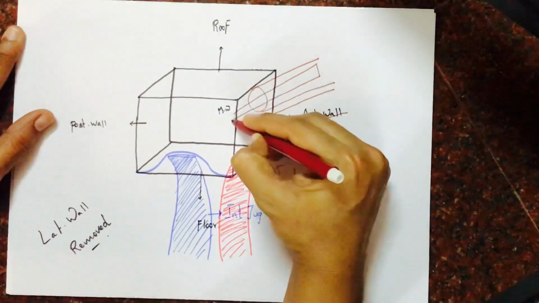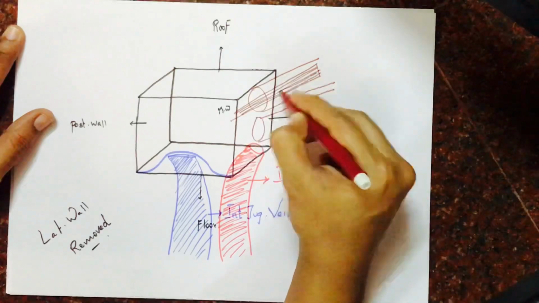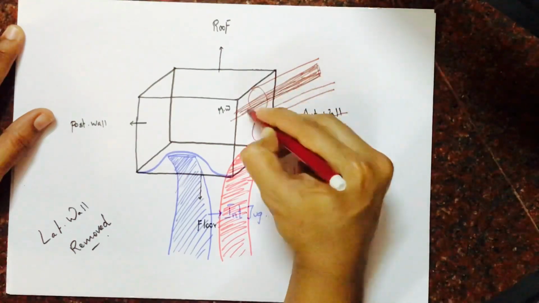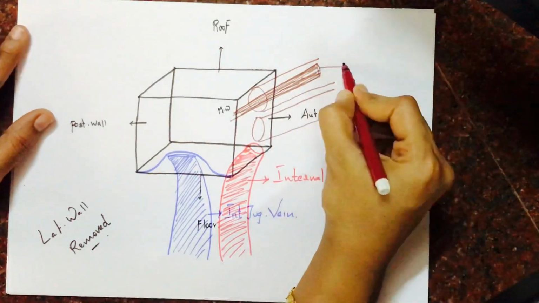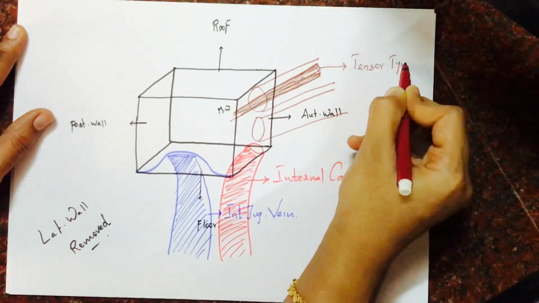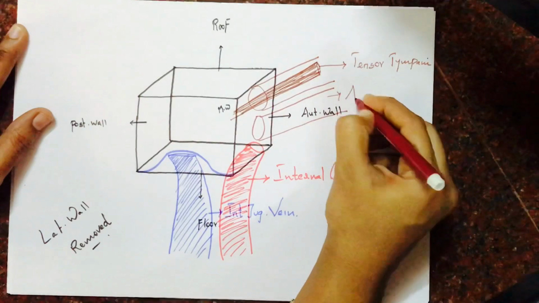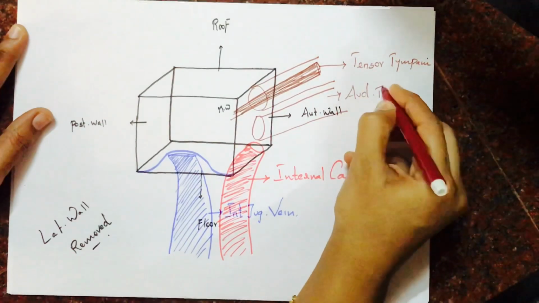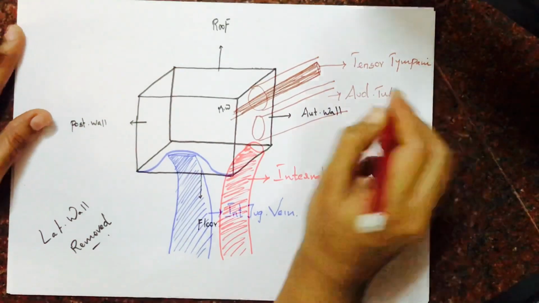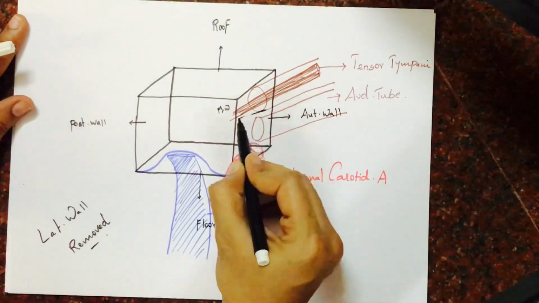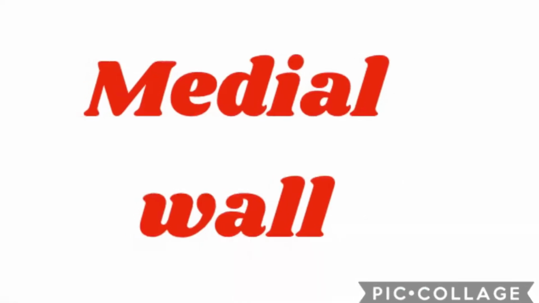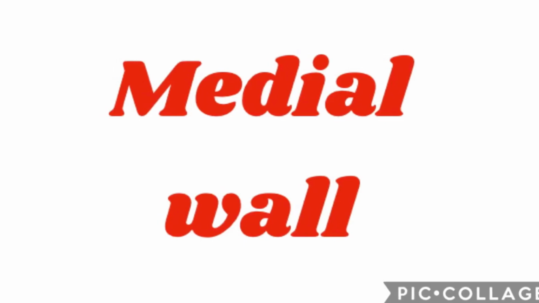The first tube is for a muscle called tensor tympani, and this is called the canal for tensor tympani. This one is the canal for the auditory tube or eustachian tube, which connects the nasopharynx to the middle ear cavity.